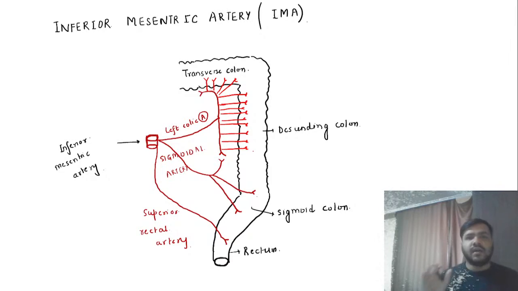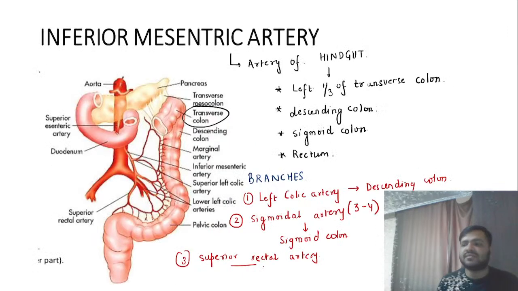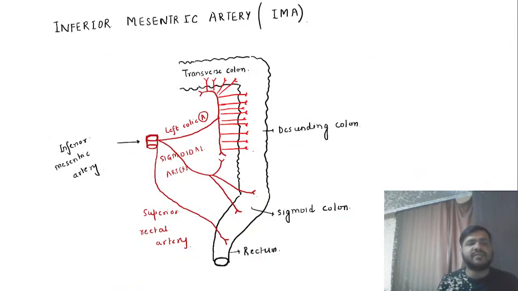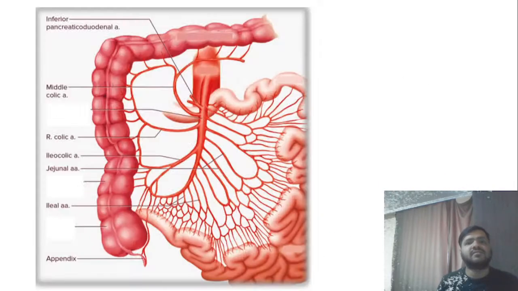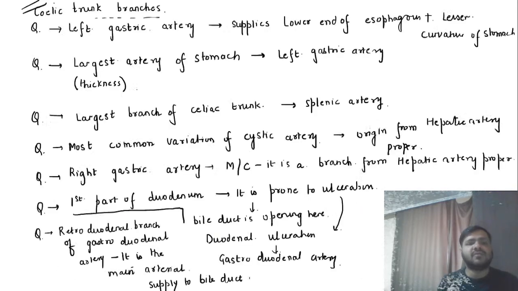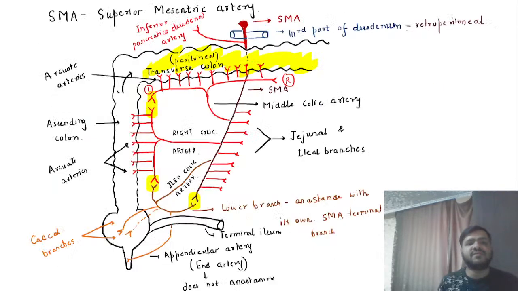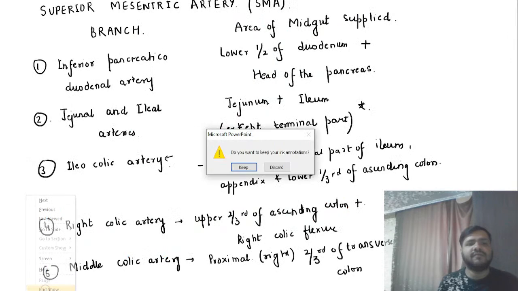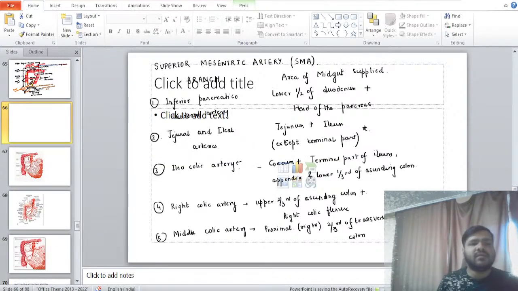Now, we have already discussed the inferior mesenteric artery. I just wanted to discuss some important points based on the three arteries, the three branches, and the supply that we have discussed right now.